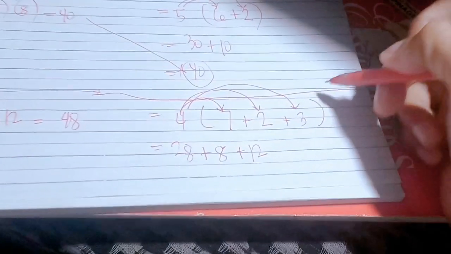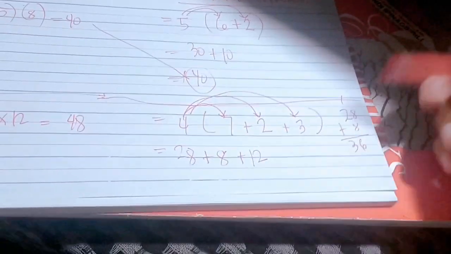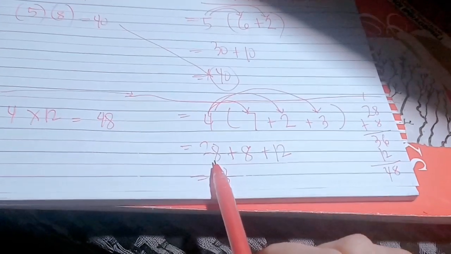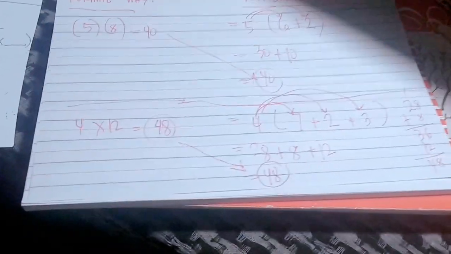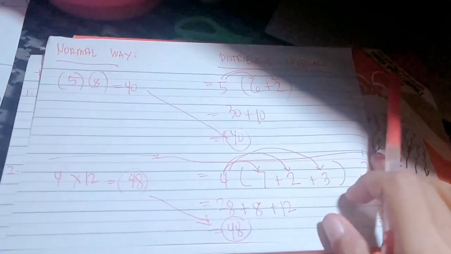So, 28 plus 8, 36 plus 12, 48. So, 28 plus 8 plus 12 is 48. So, same lang ang kanilang result. So, ito yung normal way at ito naman ang distributive approach.